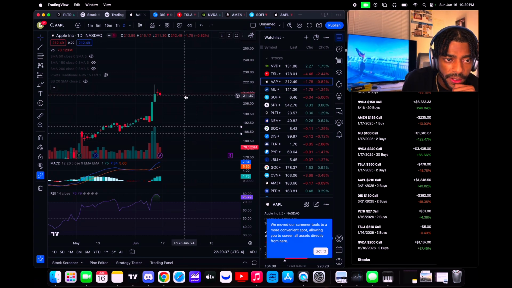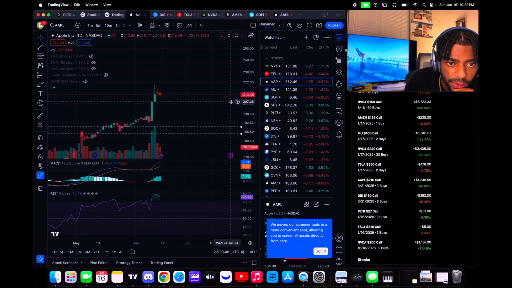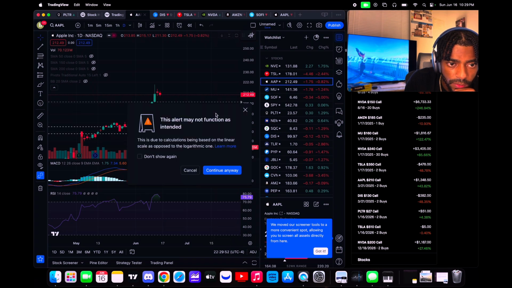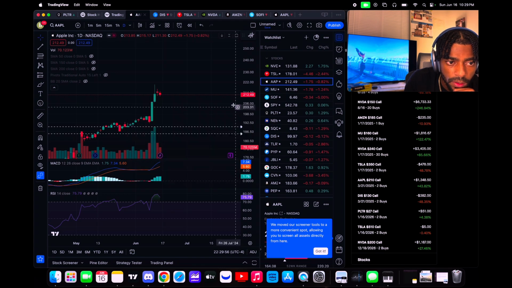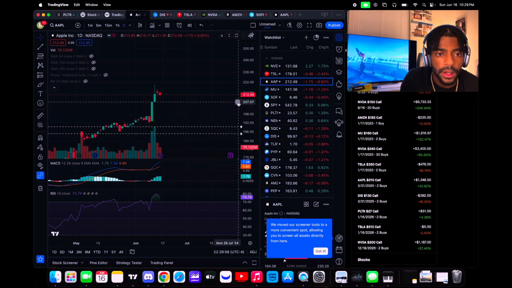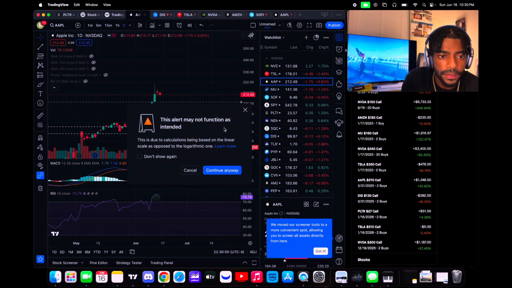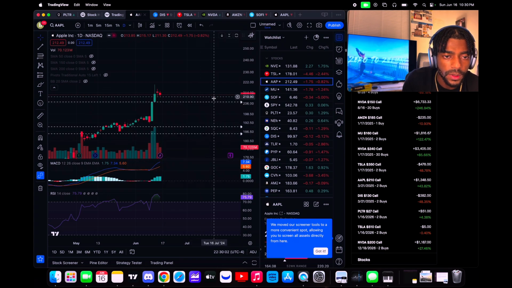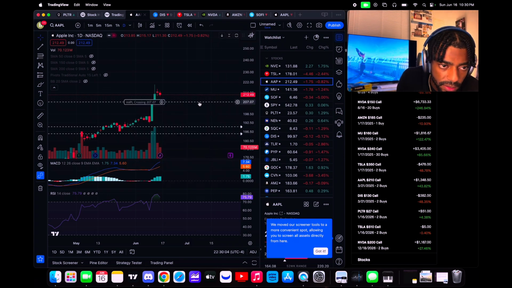I think that Apple's gonna make a little bit more of a pullback, to like right here, around this 207 mark. If they pull back right there, I think that'll be a great buying opportunity.